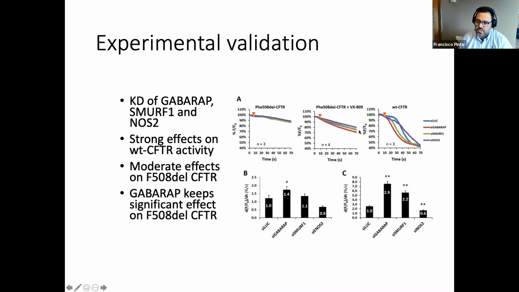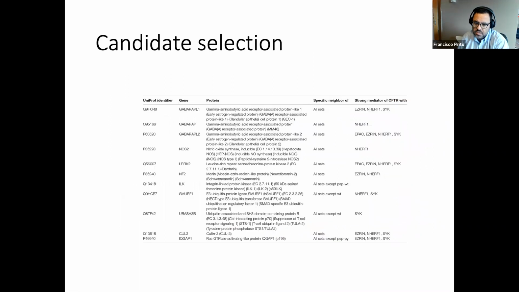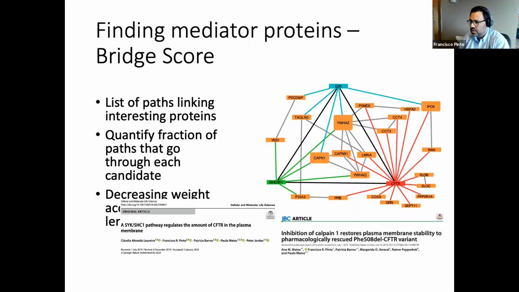So it is this red curve here, has a significant impact in CFTR activity, both in the 508del mutant and in the wild type. So I hope that these examples can demonstrate that using these network measurements, we can generate hypotheses that lead to valid discoveries or to new discoveries about these biological systems.